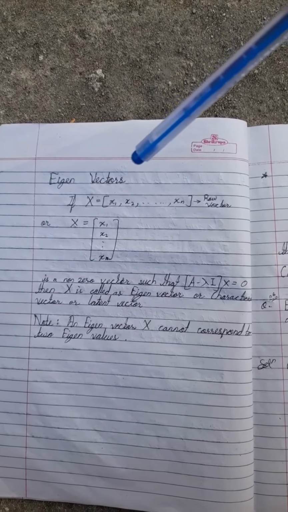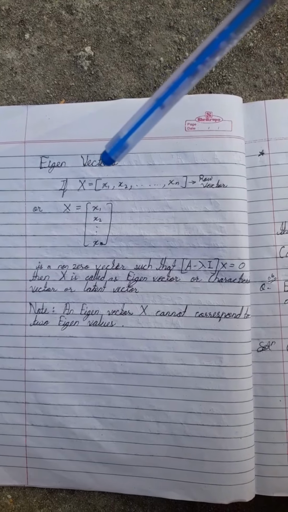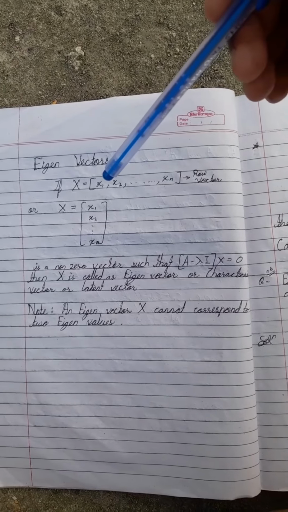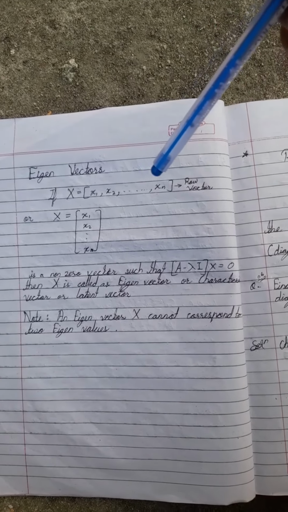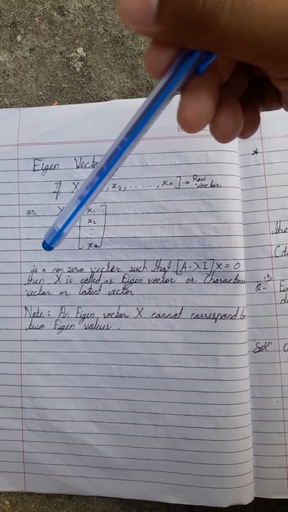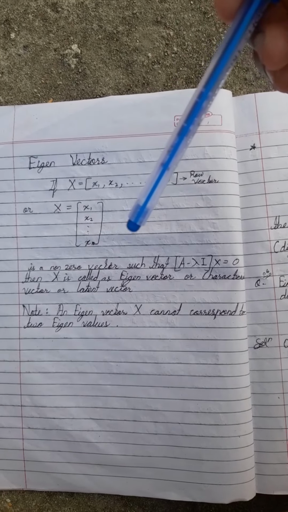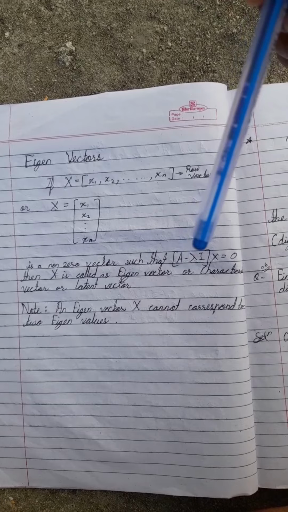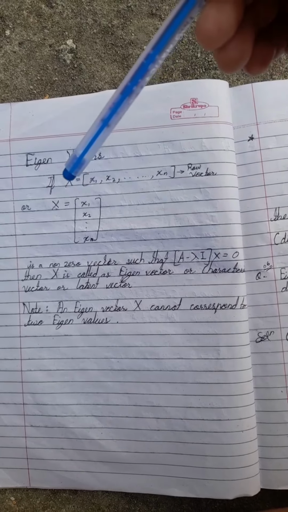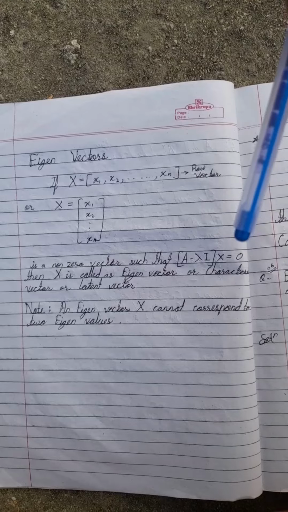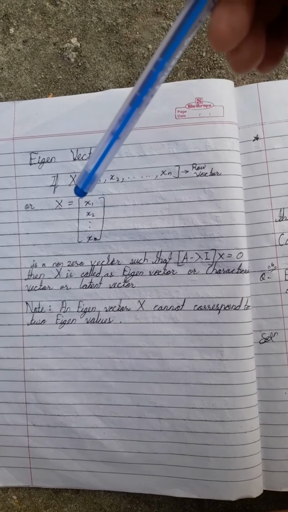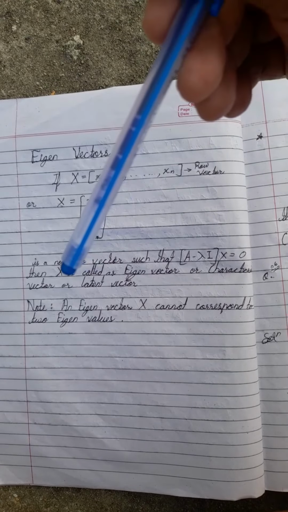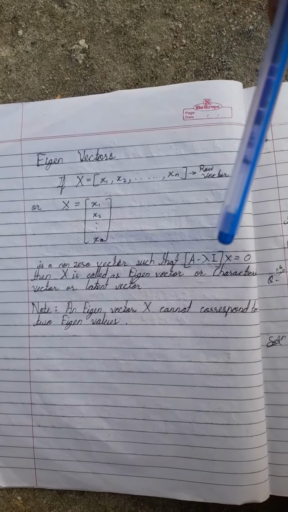Let us discuss eigenvectors. If x is a vector, it could be a row vector or a column vector having the entries x1, x2 up to xn, and is a non-zero vector such that A minus lambda I, that is the characteristic matrix, times this vector is equated to 0, then this vector x is called an eigenvector or characteristic vector or latent vector.